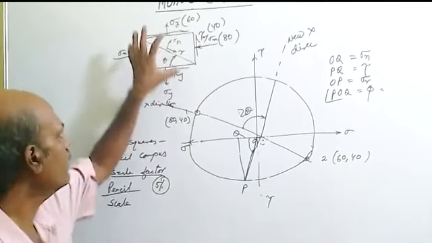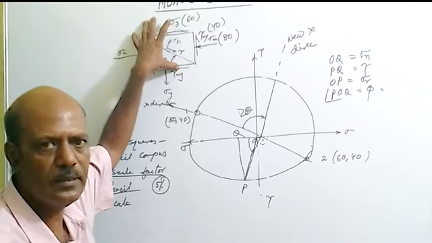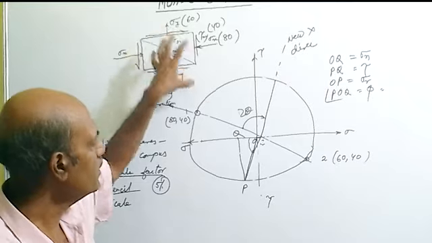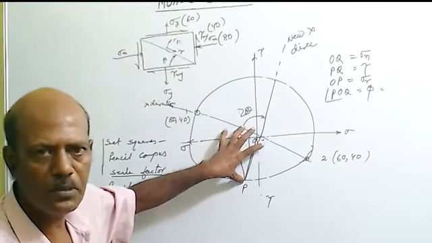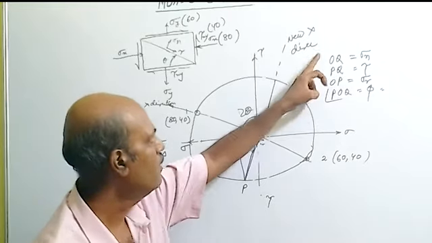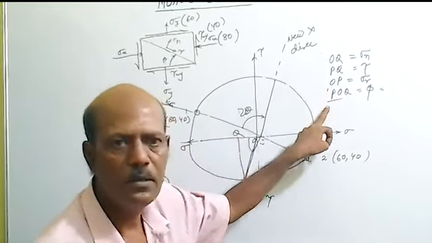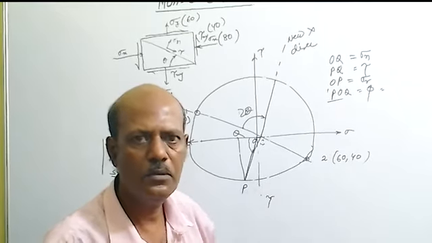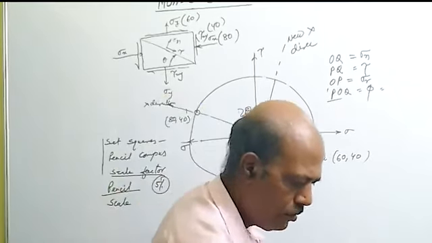So whatever stress condition is given, by using this condition we will draw the Mohr circle, follow the various steps, and ultimately by measuring the distance we will give the answer. So this is all about Mohr circle.